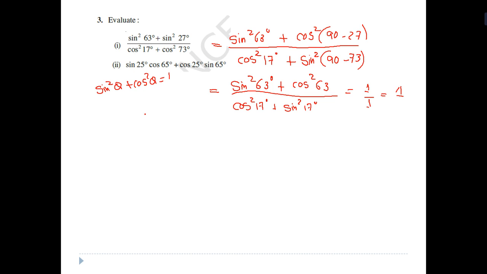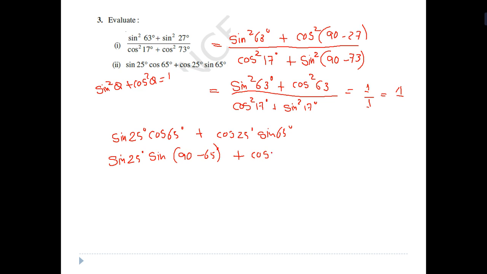Second, sin 25 degree cos 65 degree plus cos 25 degree sin 65 degree. Anyhow I have to convert to 1. So sin 25 degree, here we can write sin of 90 minus 65.